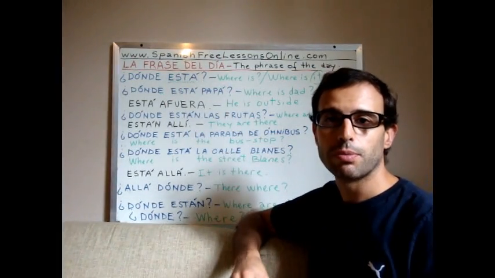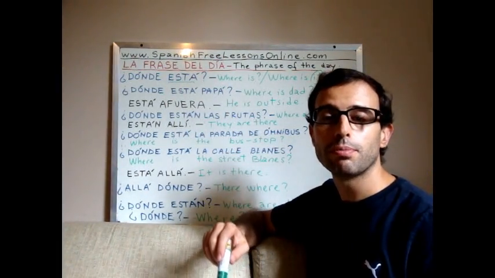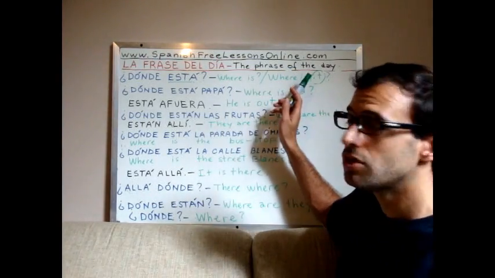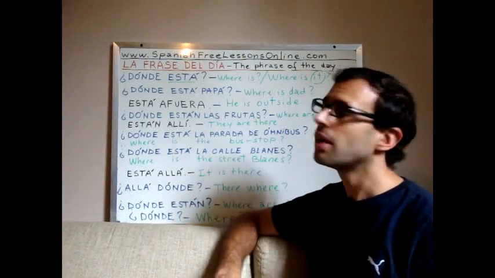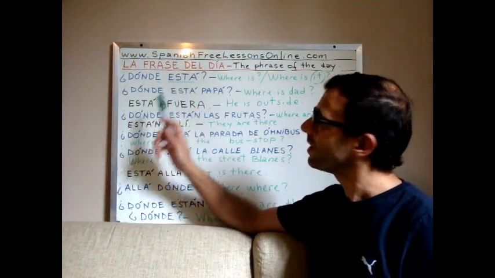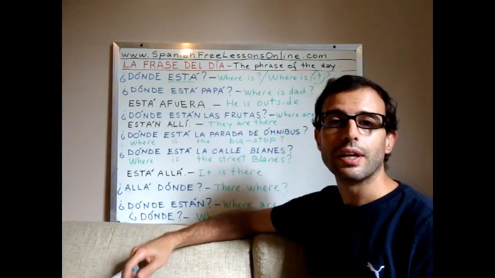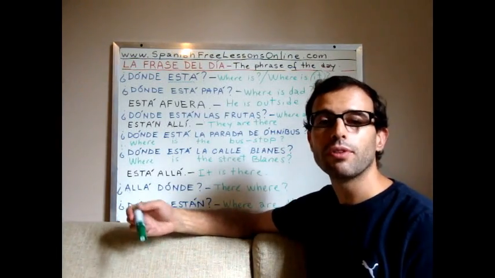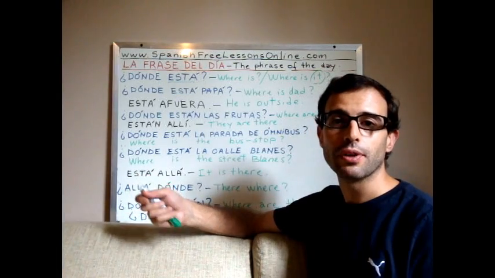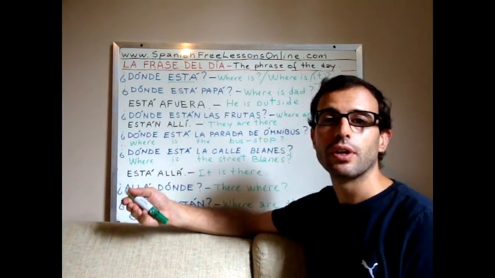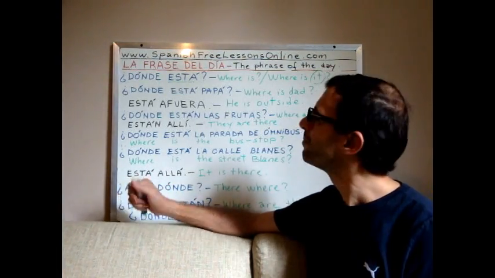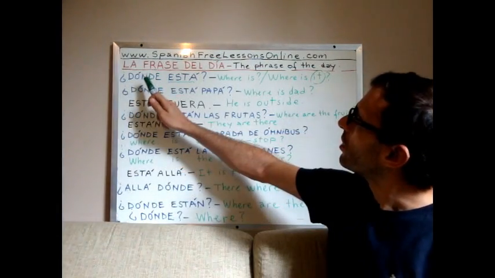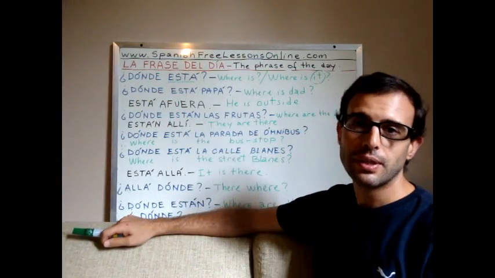Está corresponds to the conjugation of the third person of the singular. He, she, it, right? So, estar is the verb estar, which means to be, right? One of the acceptions of the word to be, of the verb to be. So, ¿Dónde? Means where.